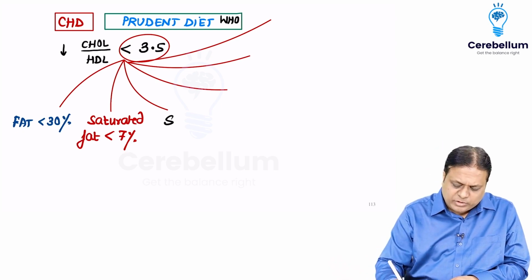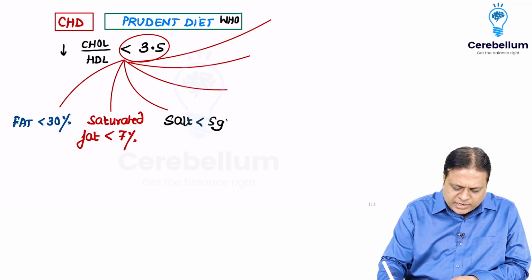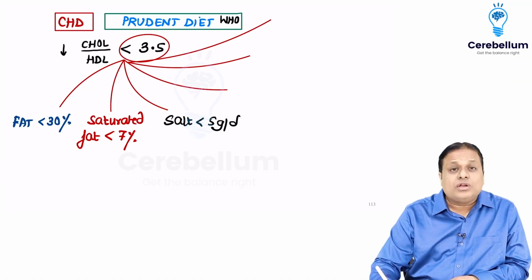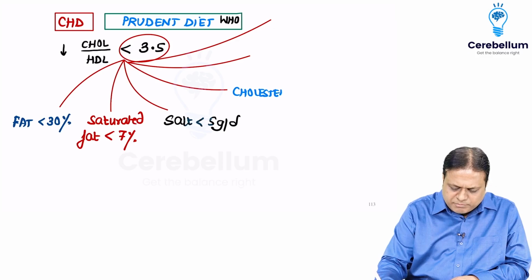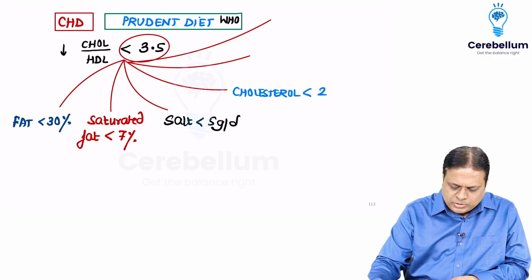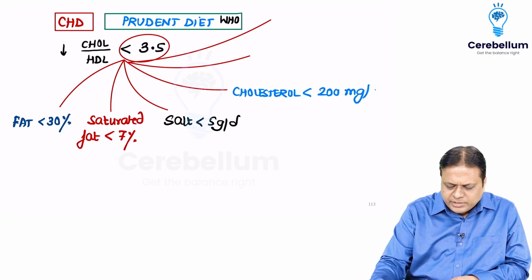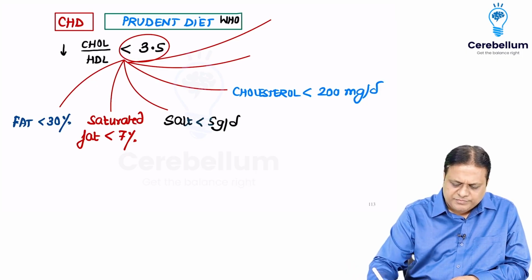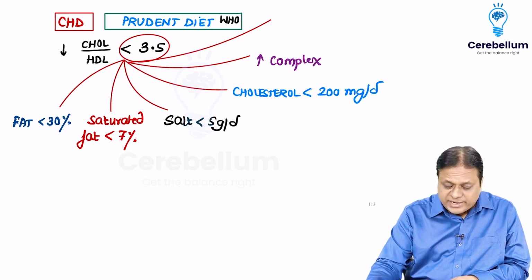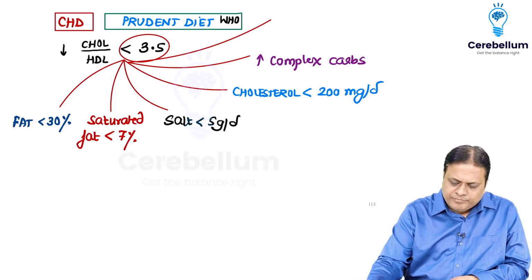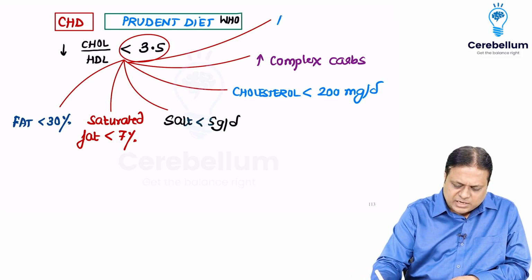Number 3, total salt intake must be brought below 5 grams a day. Number 4, total cholesterol intake must be brought below 200 milligram per day. Number 5, increase complex carbohydrates in the diet. And number 6, avoid alcohol.